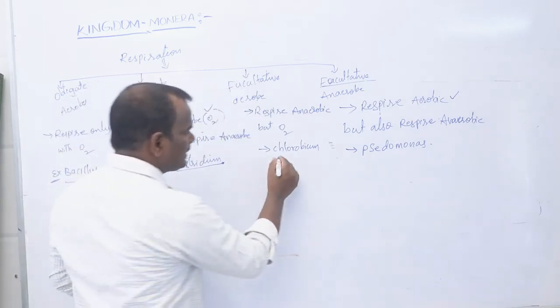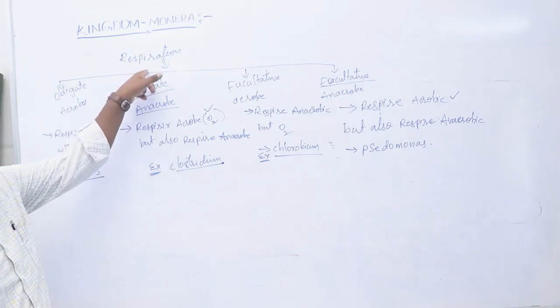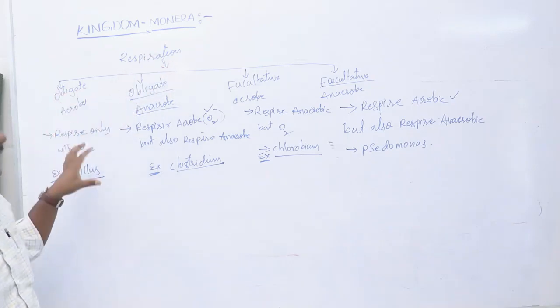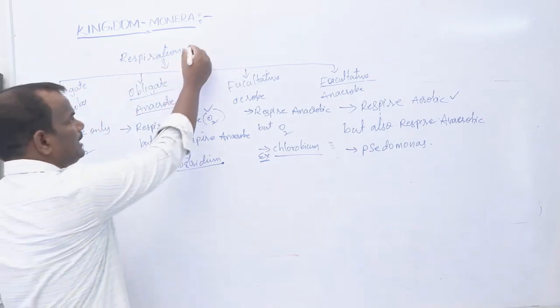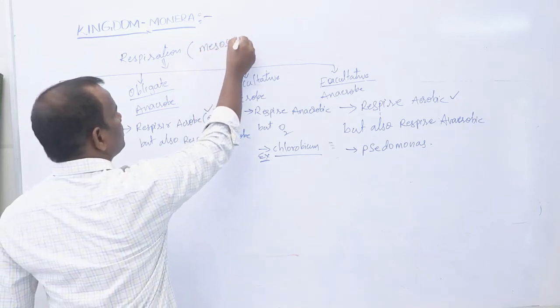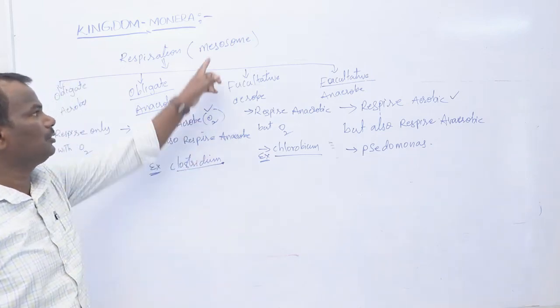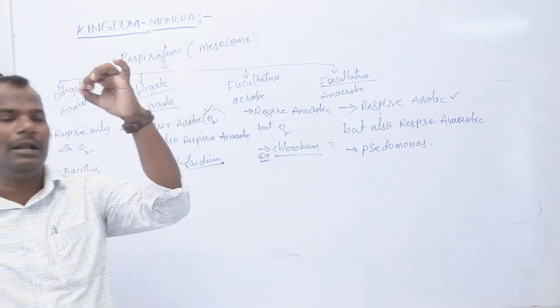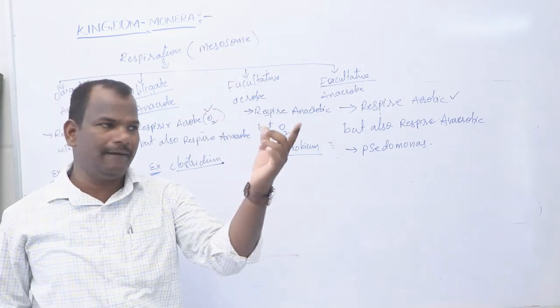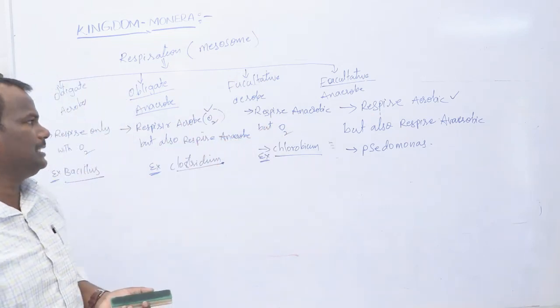So what are the types of respiration in bacteria? In this respiration, everything depends on the mesosome. The bacterial respiration depends on the mesosome. The mesosome develops from the cell membrane, and the cell membrane consists of respiratory enzymes.